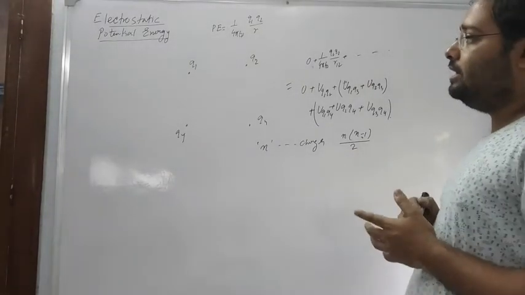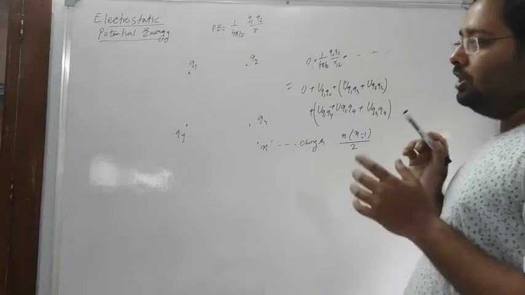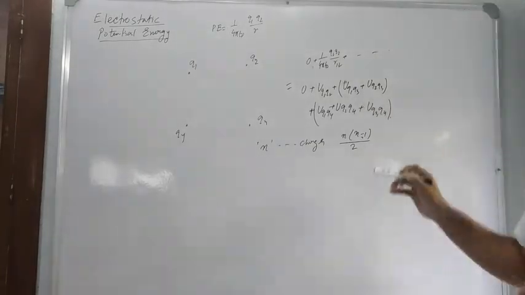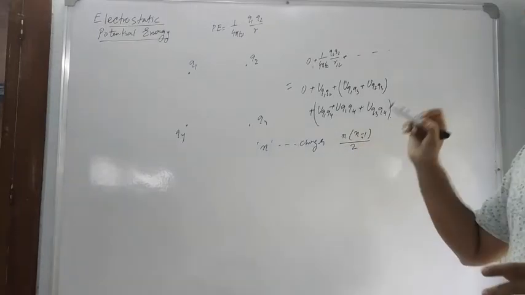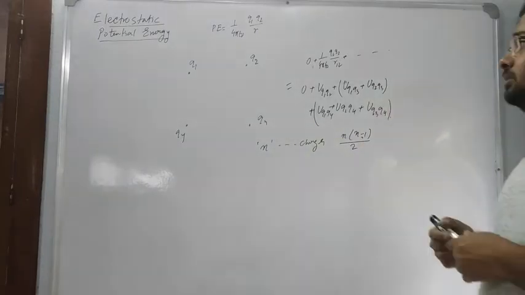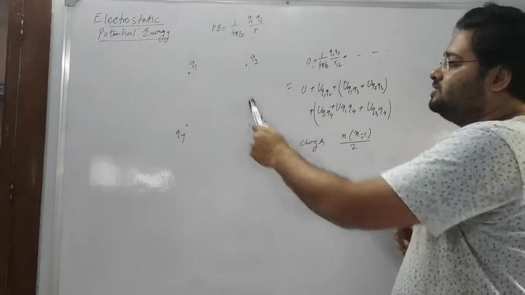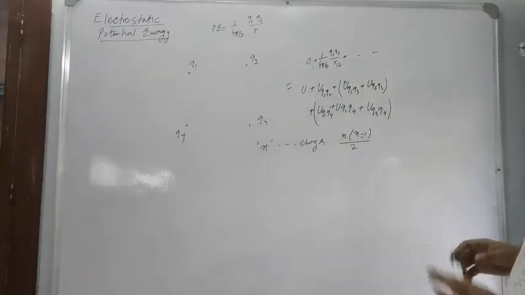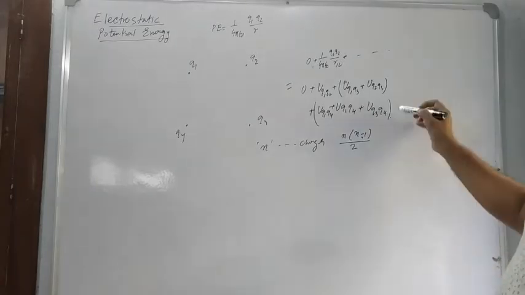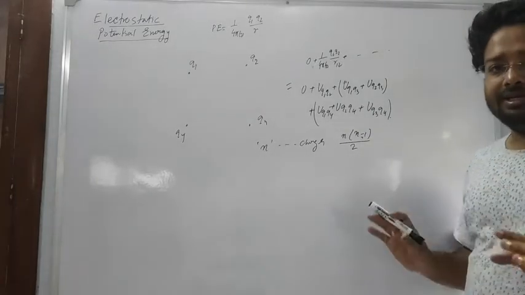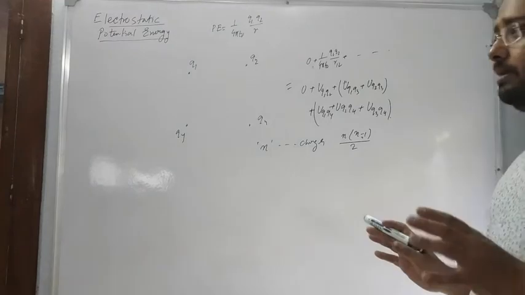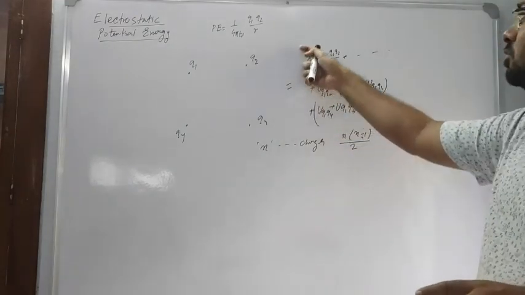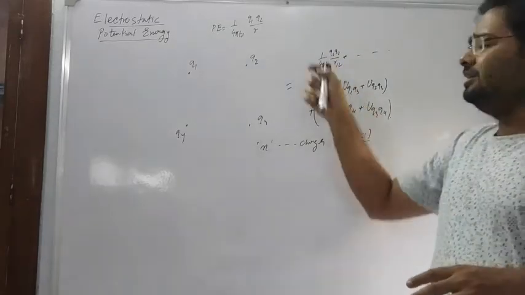You need to consider all charges pairwise, and there will be this many terms in the total. Some of these terms may be positive, some negative. Even the total potential energy can be 0. That is not a problem. But you need to have all these terms, and this 0 should not be written. This 0 is basically not essential.